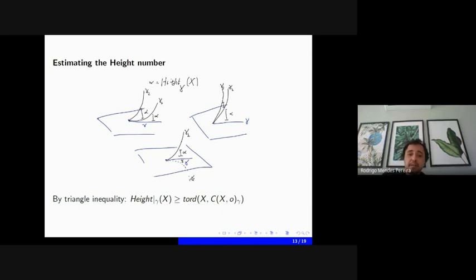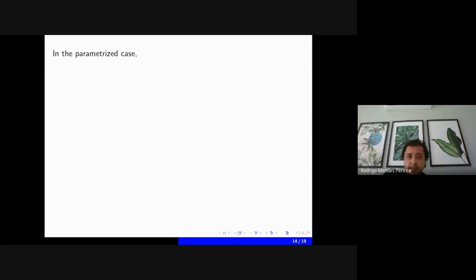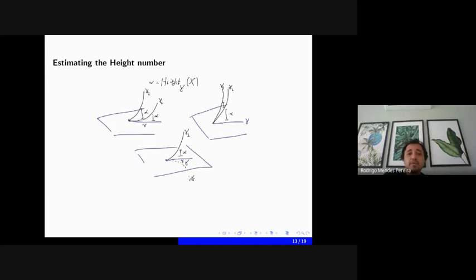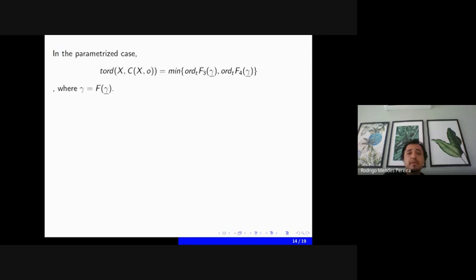This inequality is good for this particular proof because in the parameterized case it is easier to compute this contact. You just take the minimum of the order of arcs composed with the last two coordinates. It means you have gamma on the floor, use the parameterization, and this arc is the image of the map F.